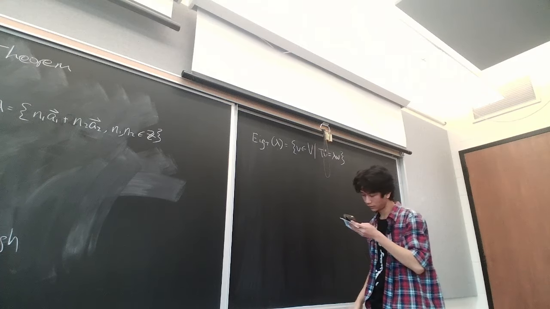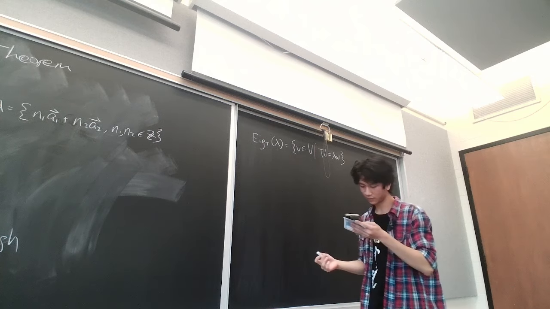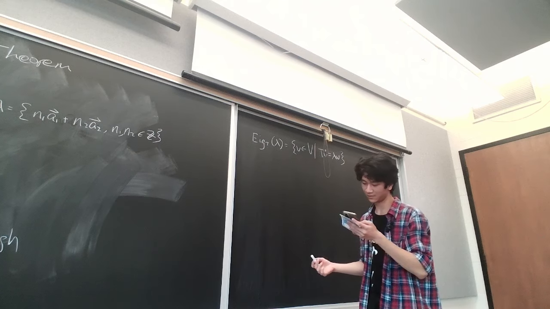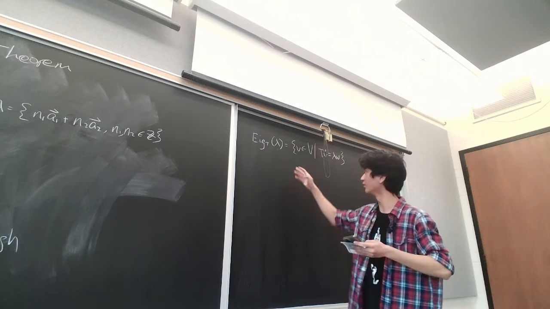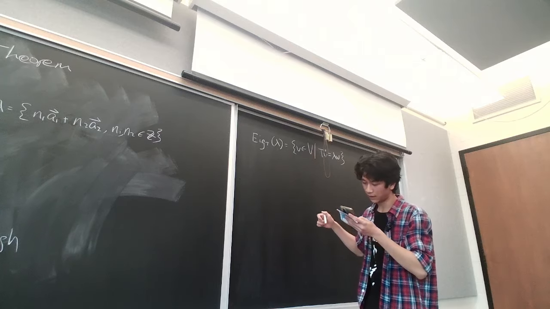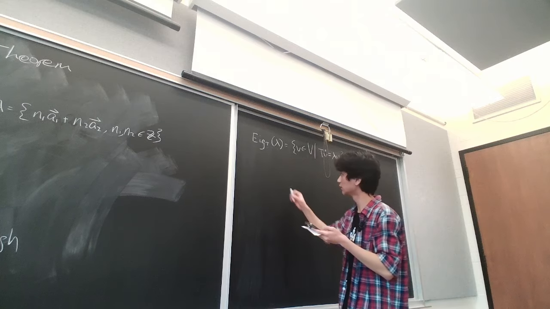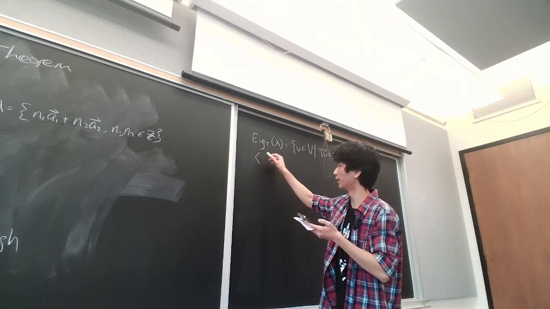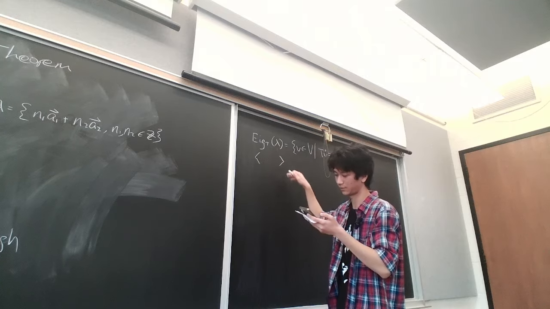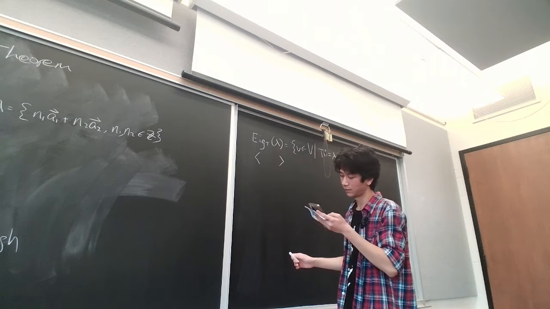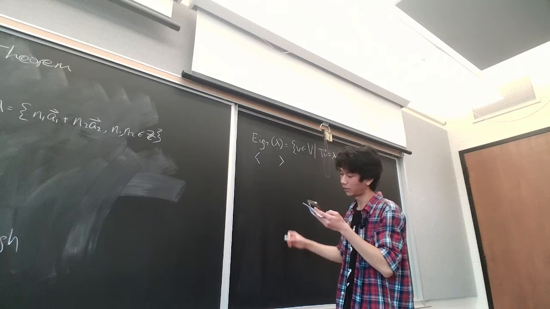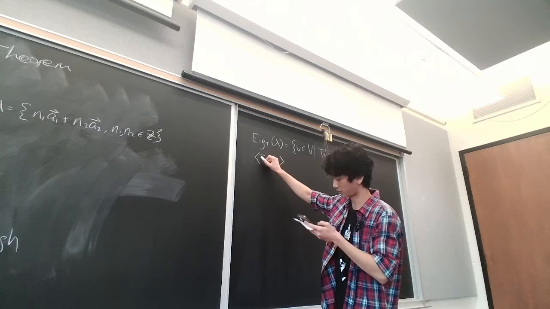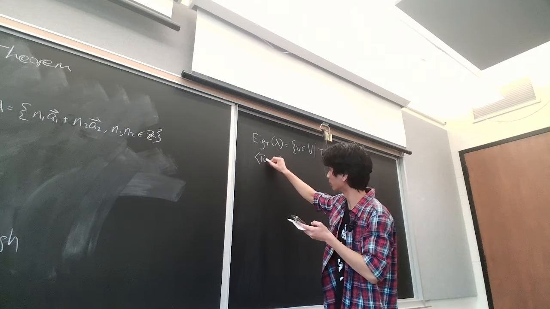And then we define an inner product on this space V, which we denote by some sharp brackets. And an operator is called self-adjoint if the following holds true.